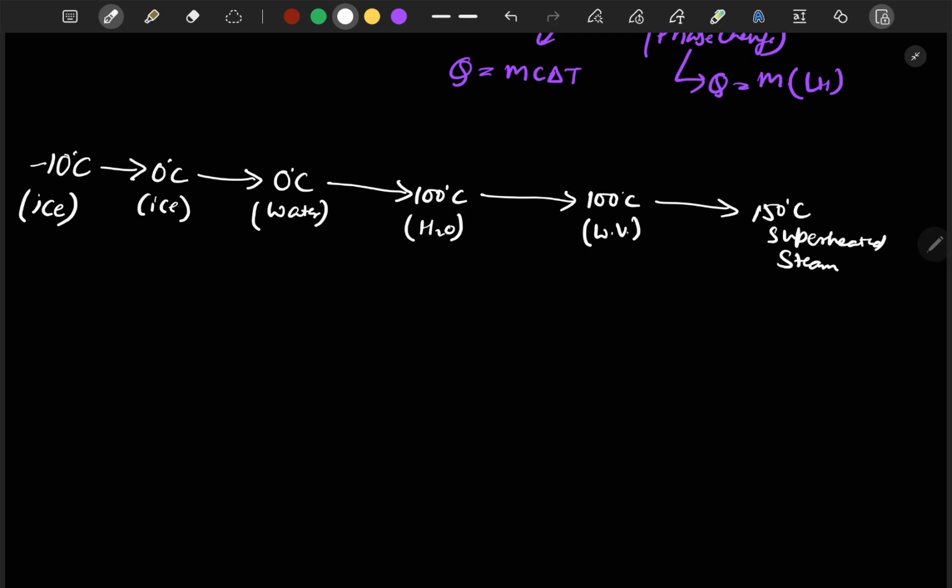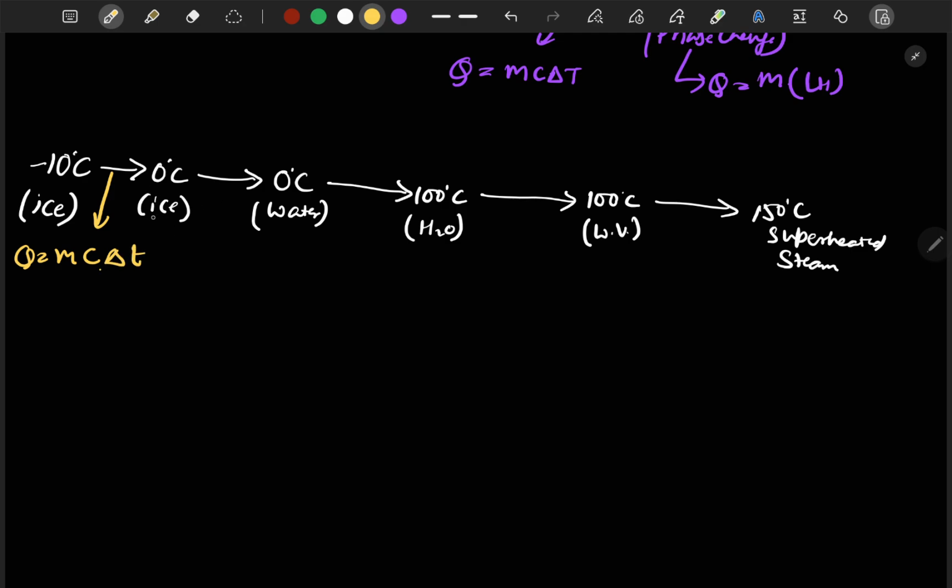If we have to calculate the total amount of heat that is expended in this total process, we can do it like this. Here you can see that only the temperature is changing, the phase remains same, ice to ice. So we can write Q is equal to m into specific heat, mass of ice block, into specific heat of ice, into change in temperature of the ice, that is 10 degrees Celsius.